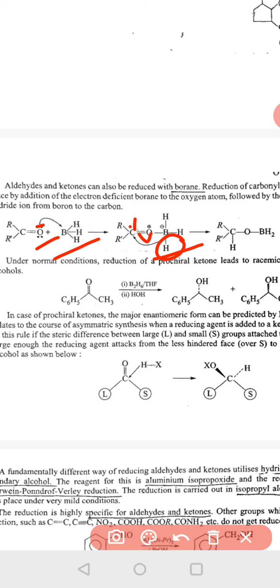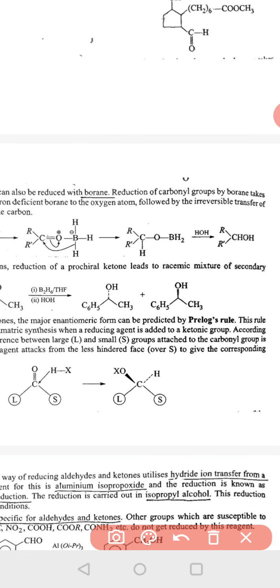This is an irreversible transfer of hydride ion from boron to the carbon. This compound is formed. It is then hydrolyzed and we get the secondary alcohol.